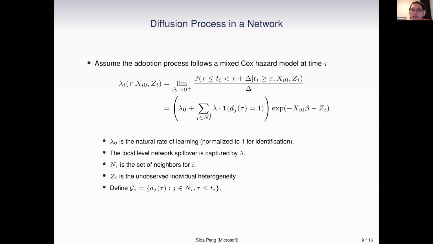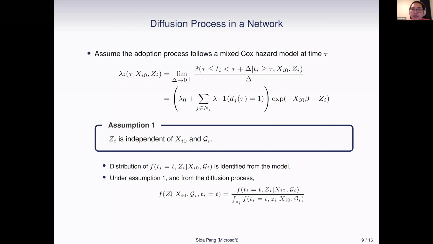Here Ni is the set of neighbors of individual I defined by the email communication network, and Dj tau is your neighbor's adoption status at time tau, multiplied by the constant part. We also have the observed individual heterogeneity Zi incorporated here. Because we're adding Zi, we need to do some normalization, otherwise lambda 0 and Zi are not jointly identified. So we normalize lambda 0 to be 1. We also define the quantity script G i as the neighbor's adoption status until time Ti.